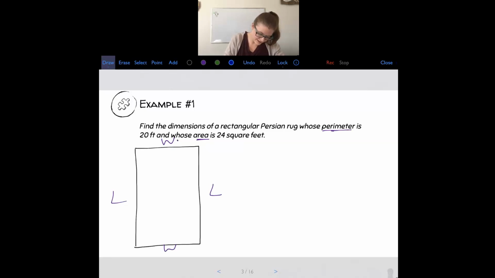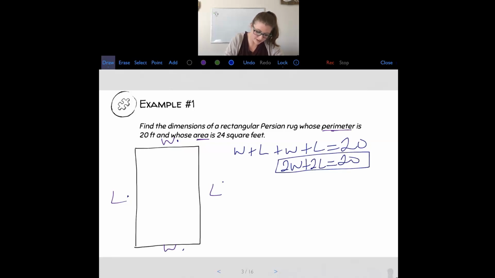So starting here at W, we have W plus L plus W plus L, and from the problem we're given that this is equal to 20. If we combine like terms on the left-hand side, we have 2W plus 2L is equal to 20. So here's one equation that we'll be working with.